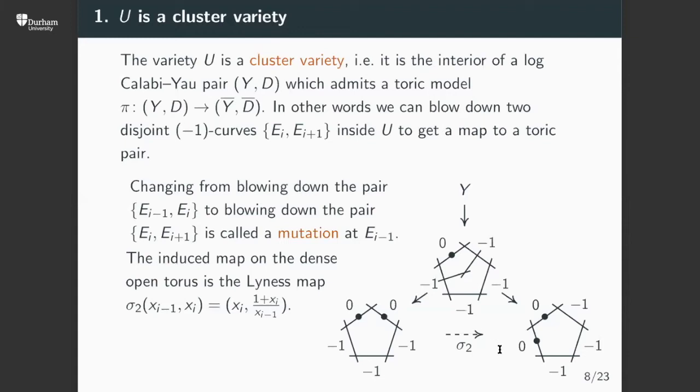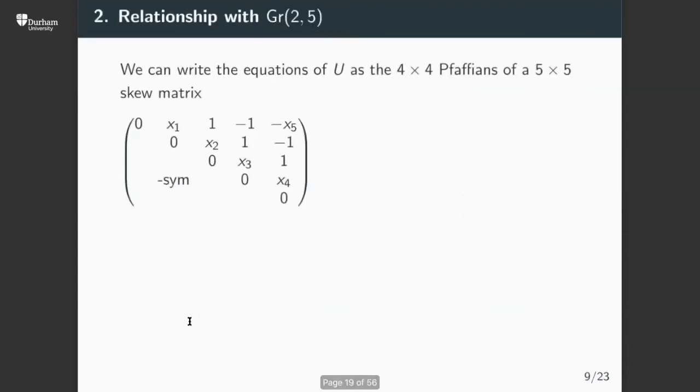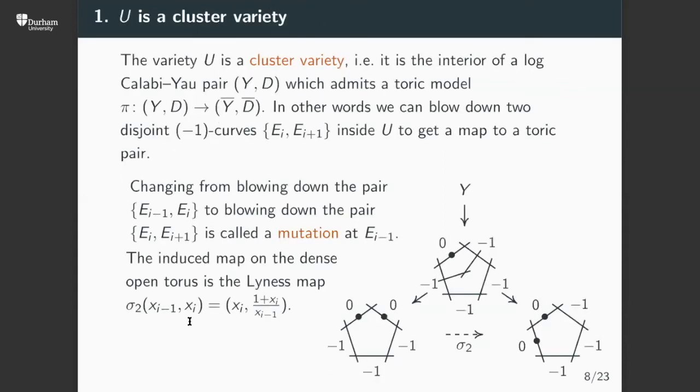The induced map that I get on toric varieties is exactly this Lyness map, which is the thing I started with. So that was U as a cluster variety.